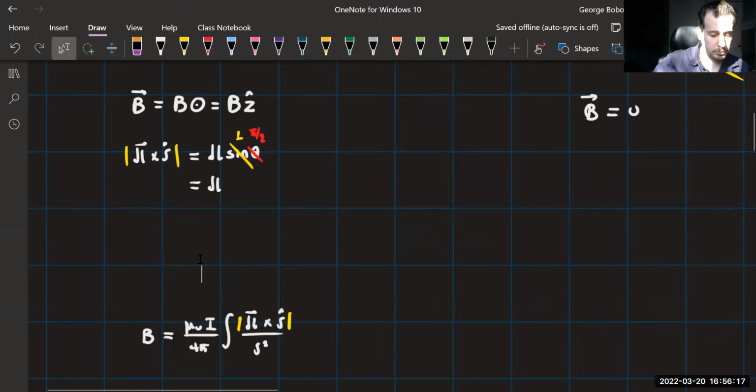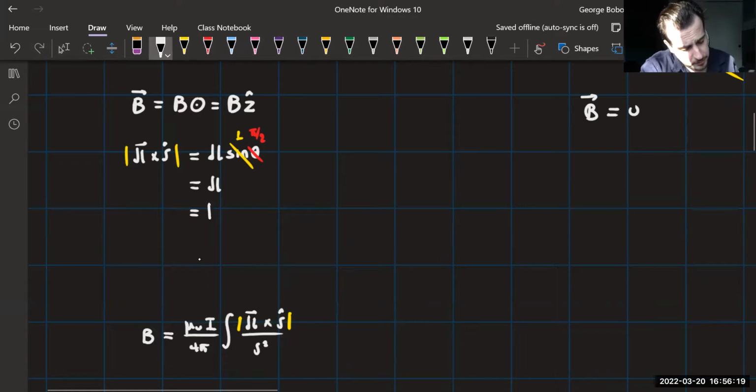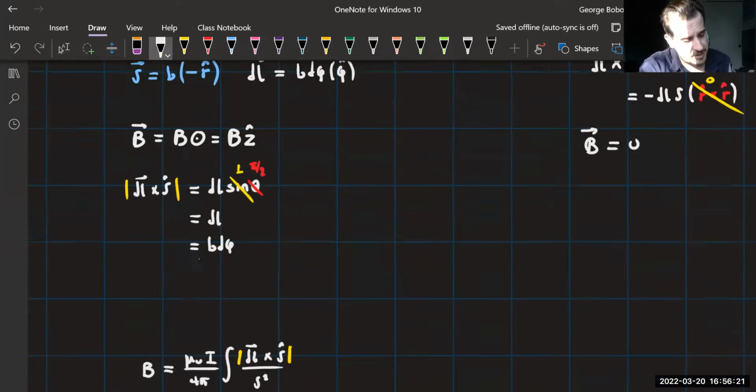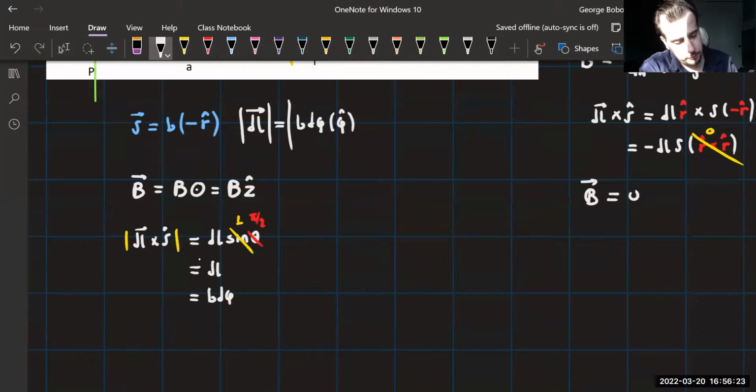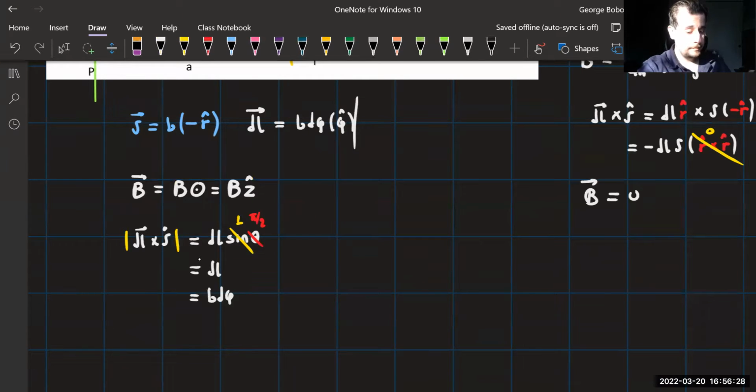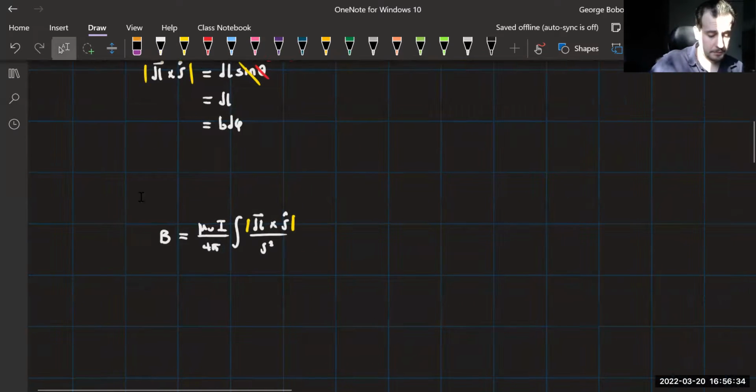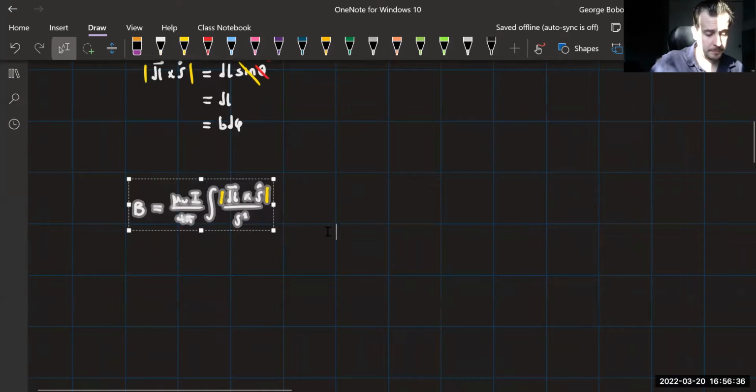And Natalie earlier told me what dL is, b d phi. It's the magnitude of what Natalie told us. So it's just b d phi. Good stuff. Okay, I like that.